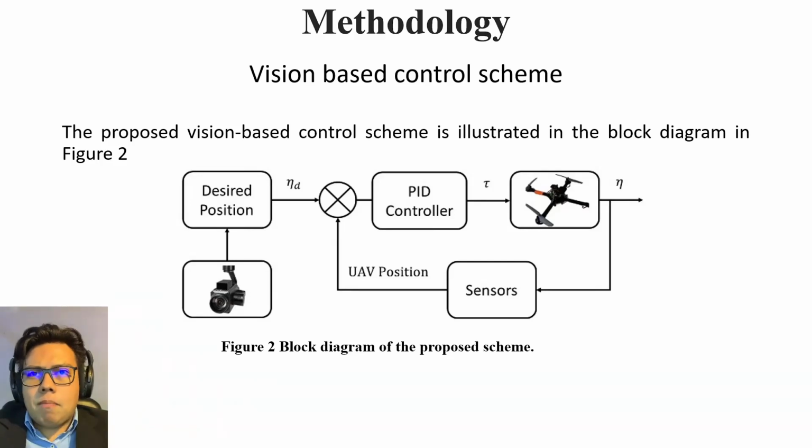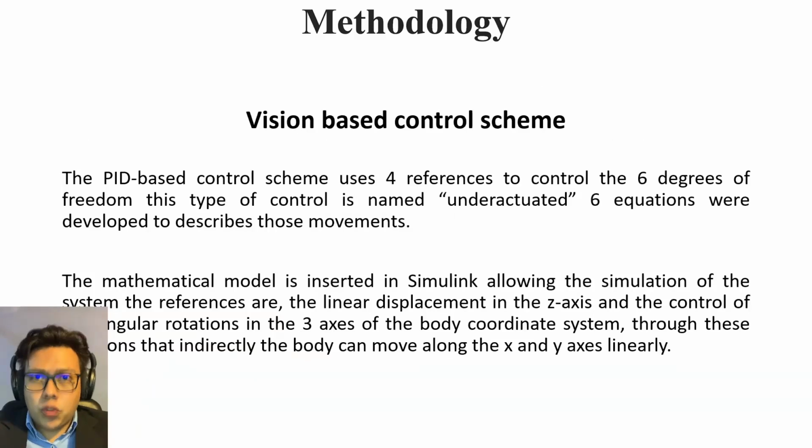Using basic sensors, the PID-based control scheme uses only 4 references, but controls 6 degrees of freedom. This type of control is named under-actuated. That's why 6 equations were developed to describe these movements.